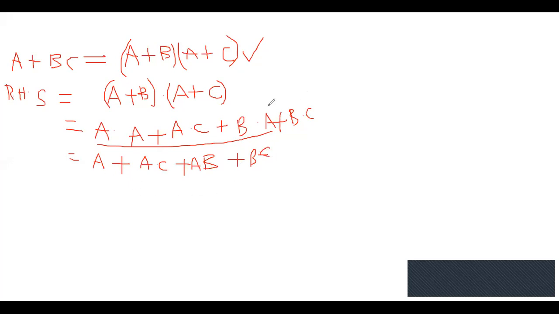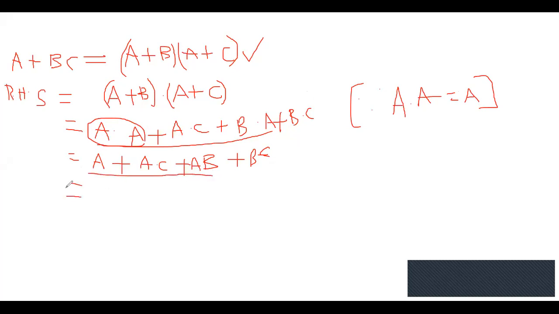So which rule is used here? If you are using any law here, it must be stated. A dot A is equal to A will be used here, because instead of this A dot A, we are taking A. Now see the first three terms.